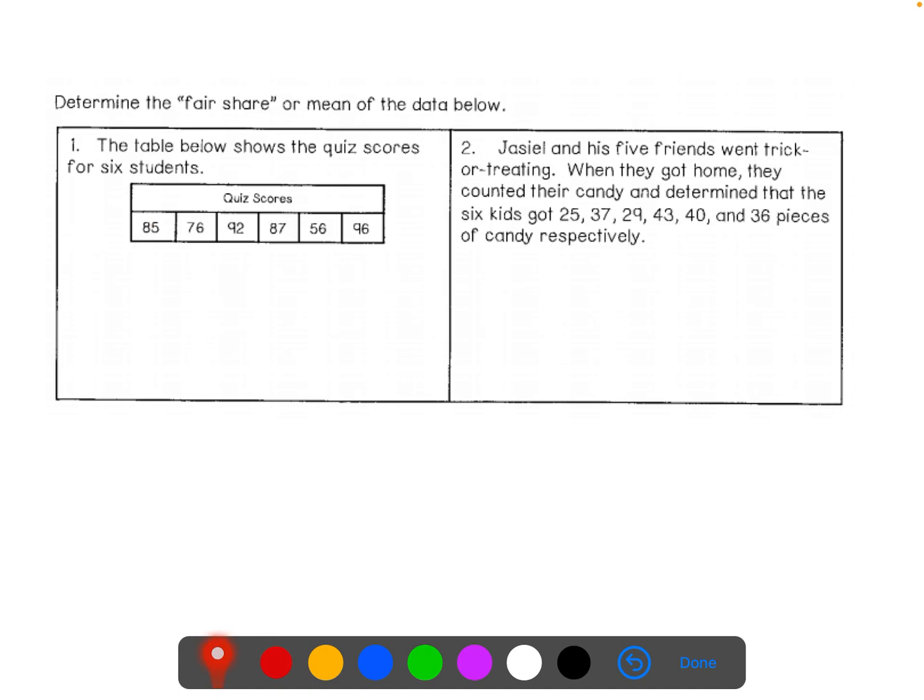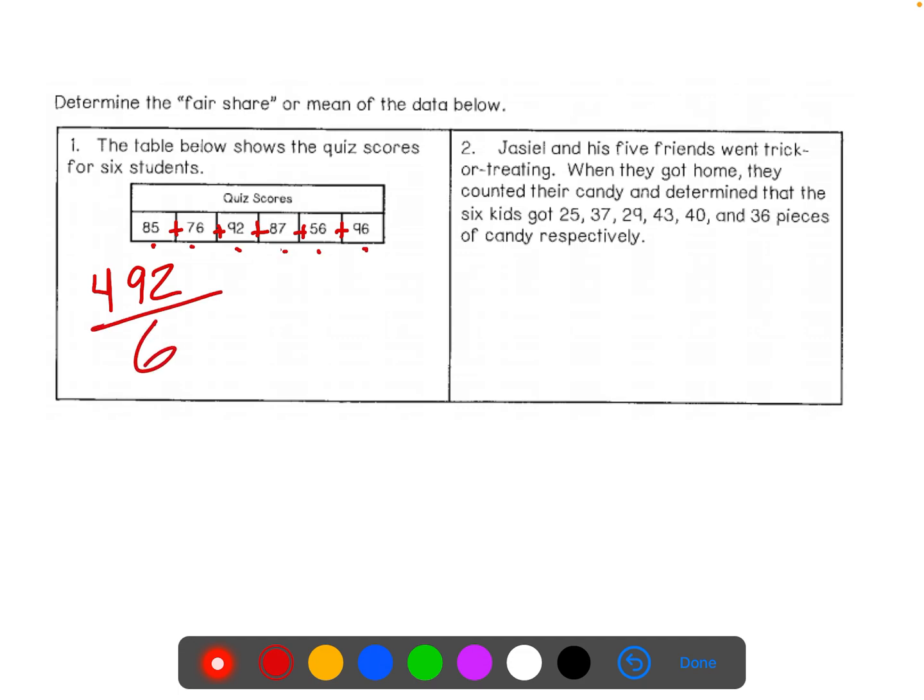Okay, so the first thing we have to do is we have to find the sum of all of these scores. We need to combine these. And when you add all of those up, you get a total of 492 points. So between the 6 quiz scores, a total of 492. Now we're going to share it out between the 1, 2, 3, 4, 5, 6 different students.